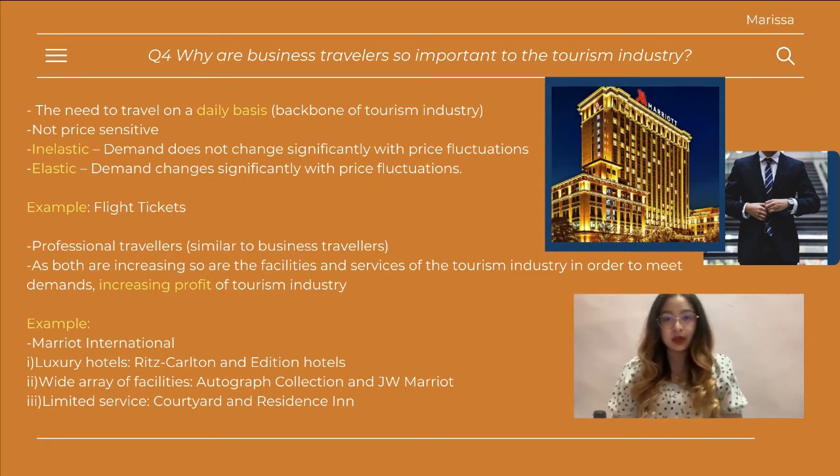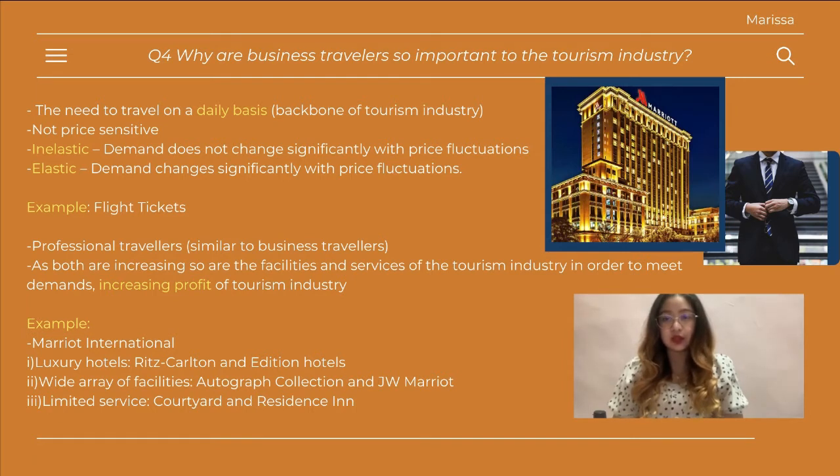What we mean by inelastic is when the demand does not change significantly with price fluctuations, while if the demand changes significantly with price fluctuations, then only is it referred to as elastic. For example, flight tickets which are booked furthest in advance are the cheapest compared to the ones that have to be urgently booked.